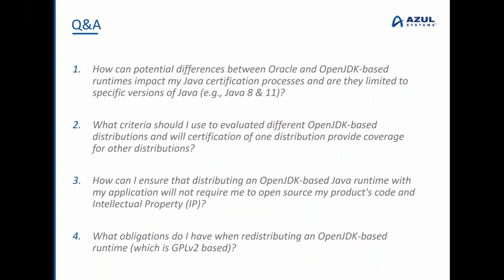So with that, I'm going to quickly end on a final slide as we open it up to Q&A. Going back to our original four questions, number one, we've talked about the differences and how there were subtle differences in early versions of Java 6, 7, and 8, where there are no differences now between Oracle and OpenJDK in 11 and beyond.